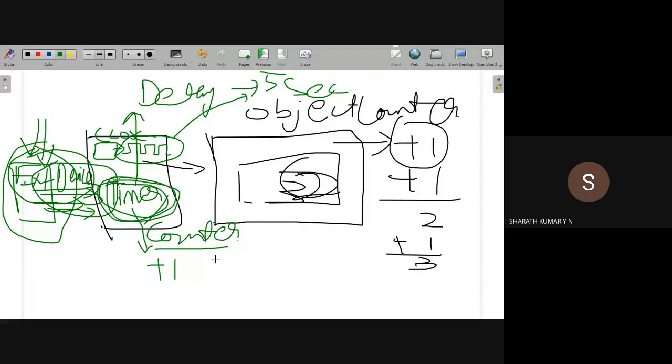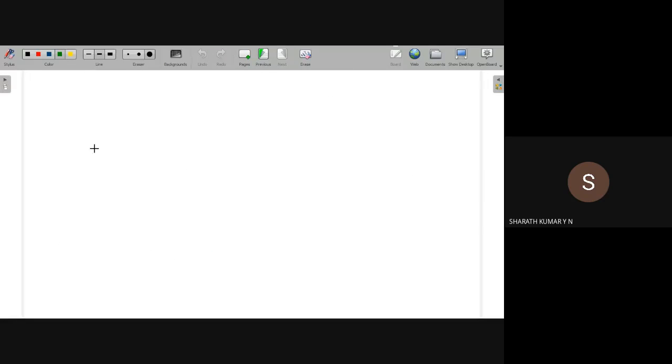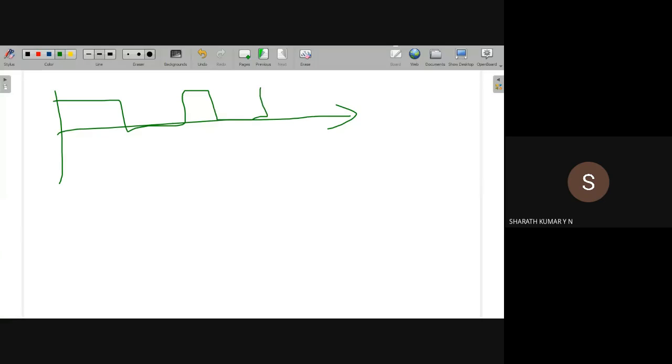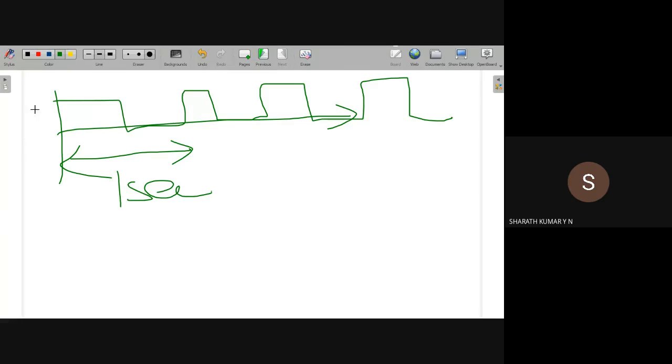Let us go to the next page. There is a clock pulse whose duration is 1 second. Now, using this clock pulse, I need to generate a 5-second delay.